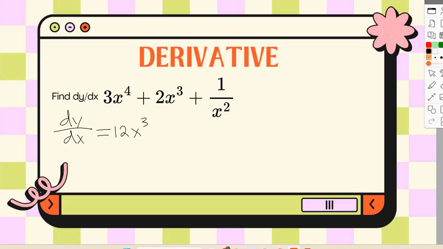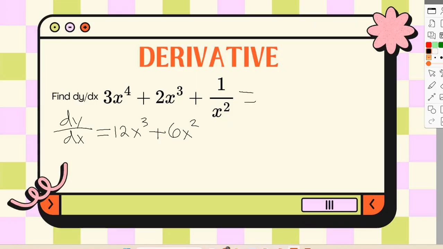Are we all okay with that? Yes. If it helps you to write out the multiplication and subtraction, you can. I will say we don't want to do that for super long because that's a lot of writing for one question. So we want to get to a point where we can, again, bring down our 3. 2 times 3 gives us 6. 3 minus 1 gives us x squared.